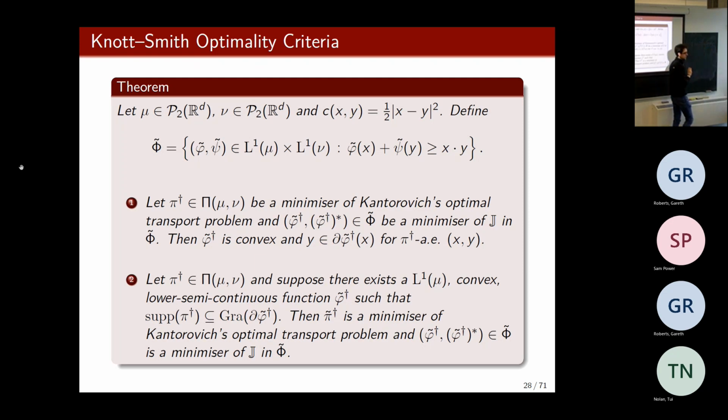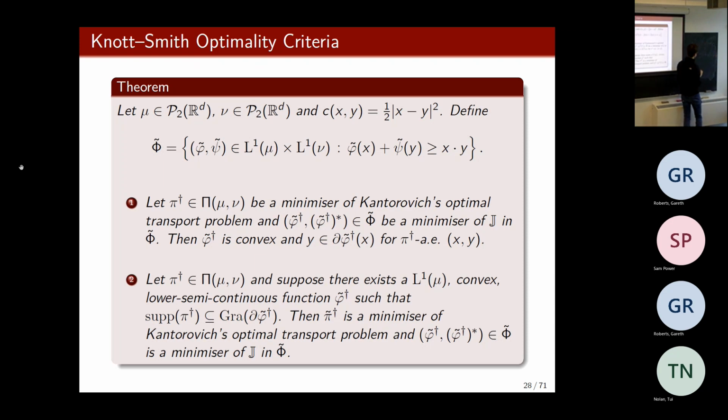When you do the C-transform on phi, it's the infimum over y of half of x minus y squared minus phi of x.